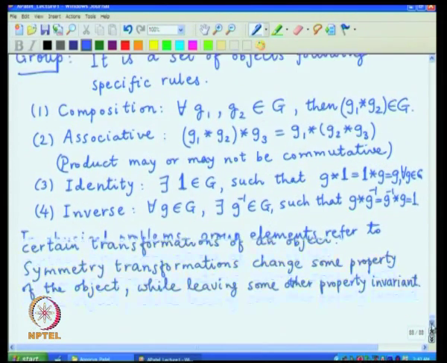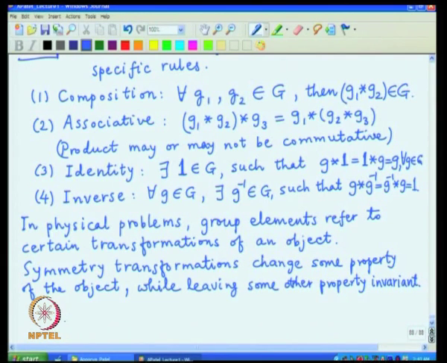And when we deal with such transformations, then they define so-called symmetry groups, which are most useful in the study of physical problems, particularly in situations where the transformations refer to some dynamical properties.